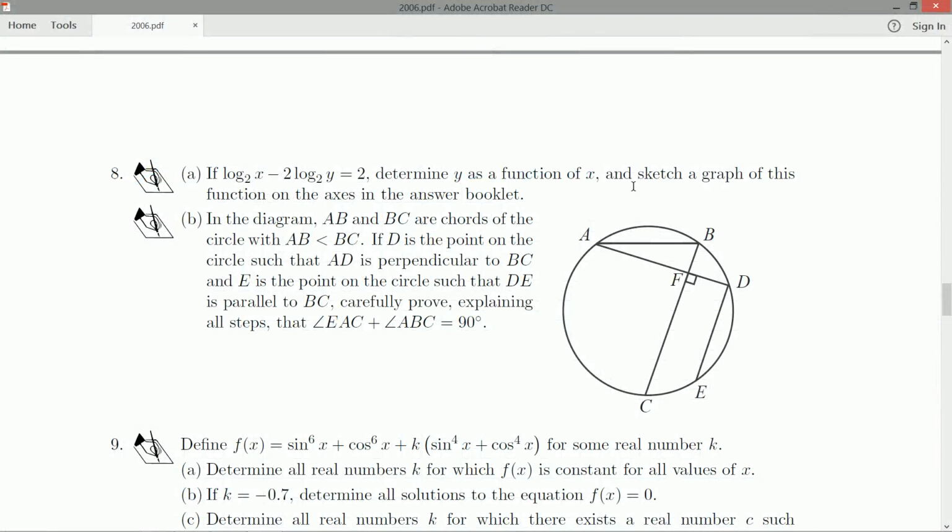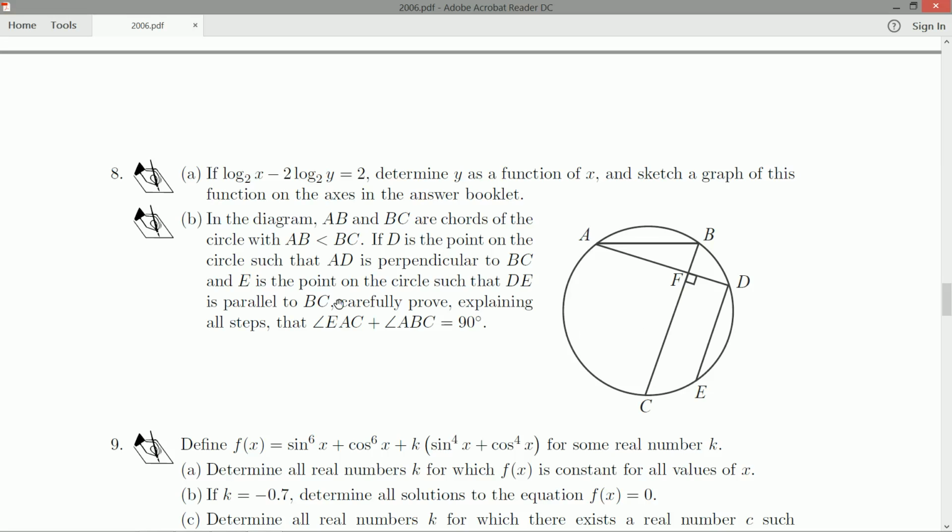All right. So 8b. In the diagram, AB and BC are chords of the circle with AB less than BC. If D is the point on the circle such that AD is perpendicular to BC, and E is the point on the circle such that DE is parallel to BC, carefully prove, explaining all steps, isn't that what we're supposed to be doing anyway?